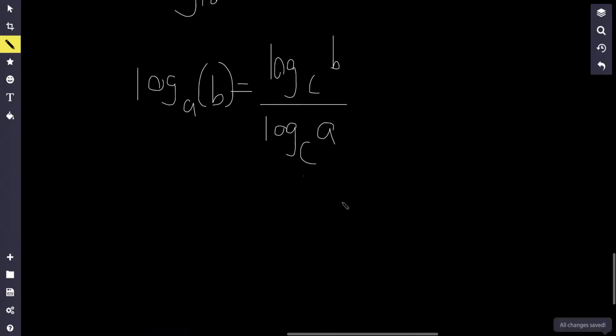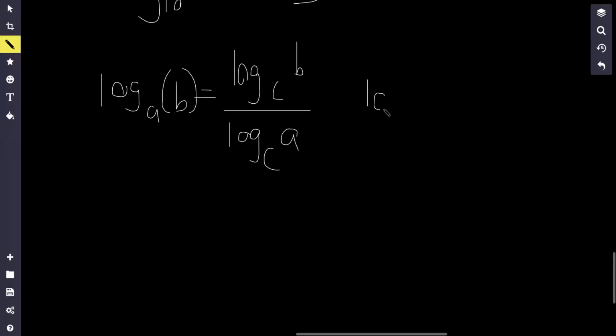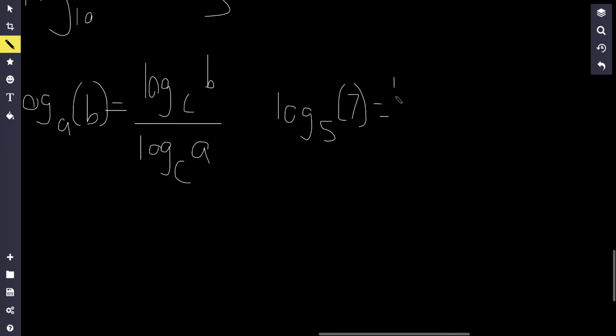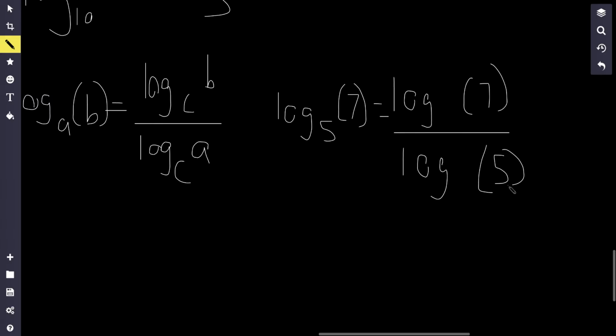So for example, if I have something like log base 5 of 7, I'm able to rewrite this as log of 7 divided by log of 5. So the thing inside the parentheses is always on the top, and the base is always on the bottom.